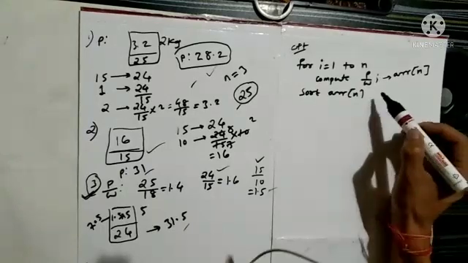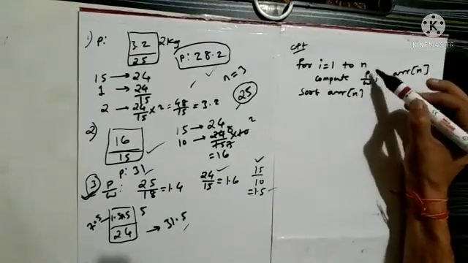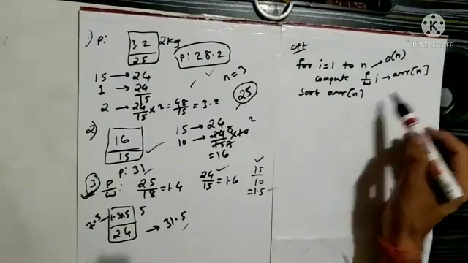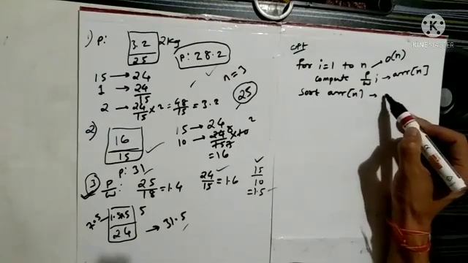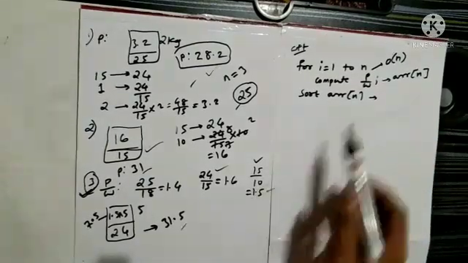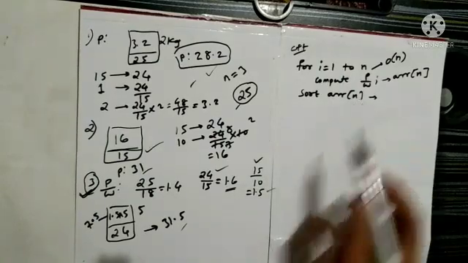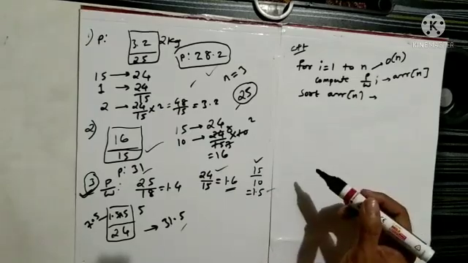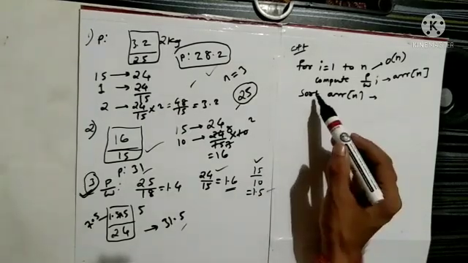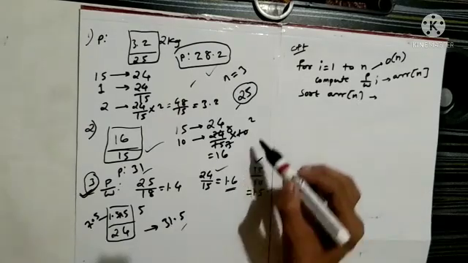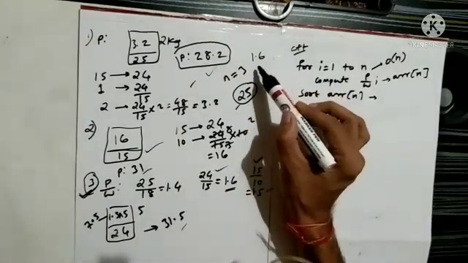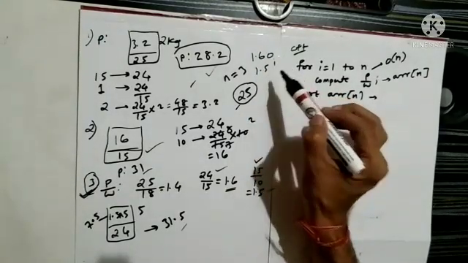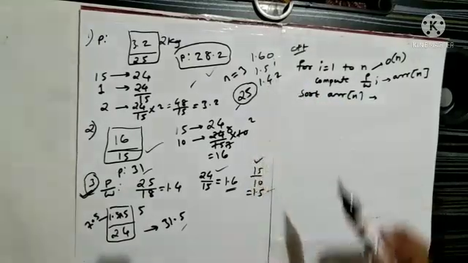Why is sorting needed? Computing the P by W ratio takes big O of n time, and you sort this array in descending order, because the value at the 0th index will be the one I have to take into my final knapsack first. For this particular problem, after sorting, at the 0th index I get 1.6, at the first index 1.5, and at the second index 1.4, isn't it? Are you getting my point?